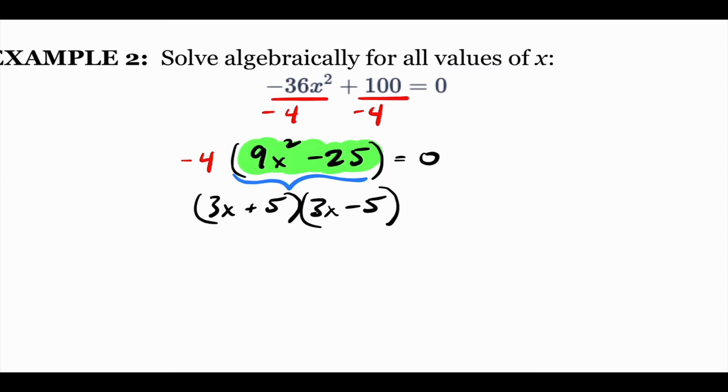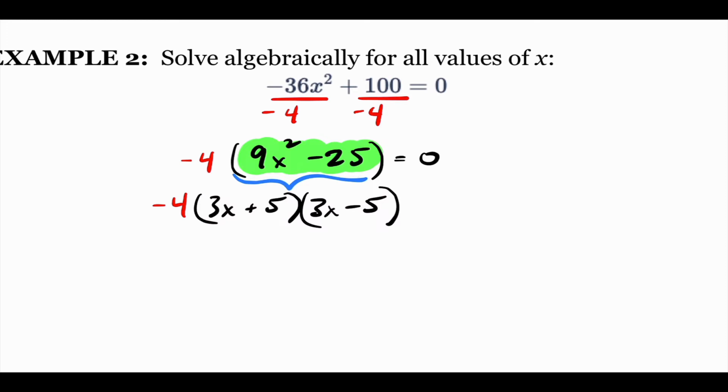We still have our GCF out in front, right? Because 3 squared is 9, x squared is x squared, 5 squared is 25. And then one's positive, one's minus.